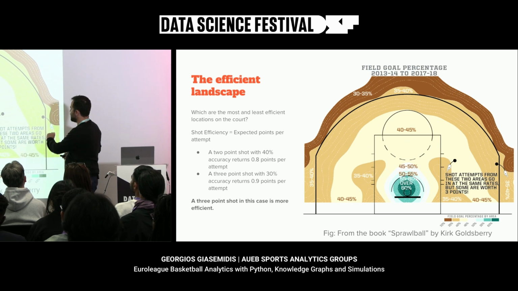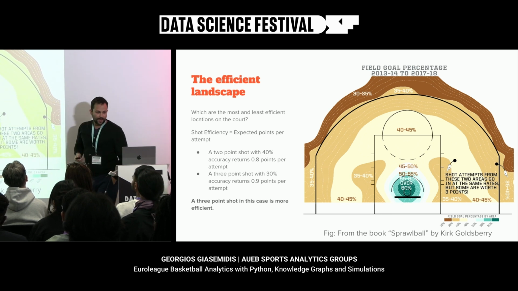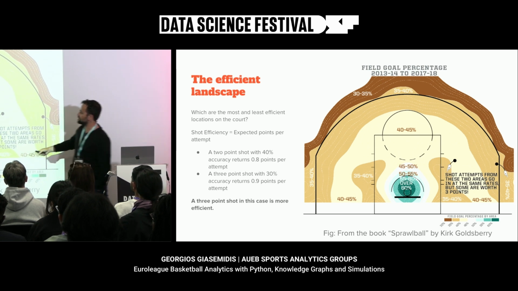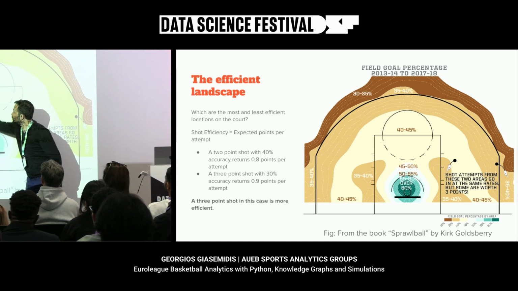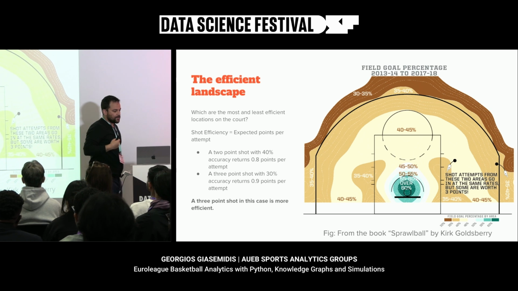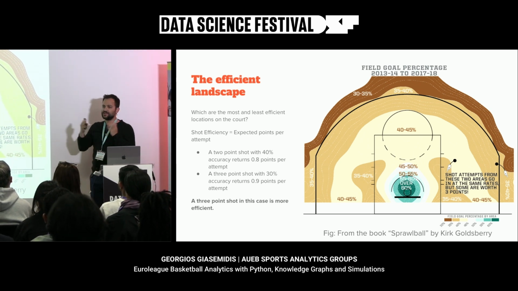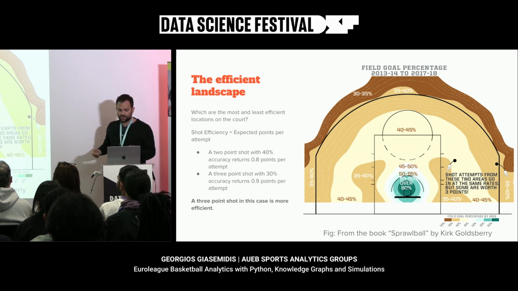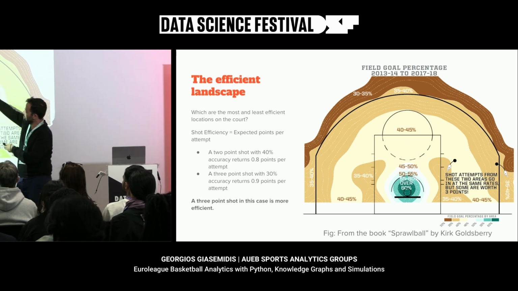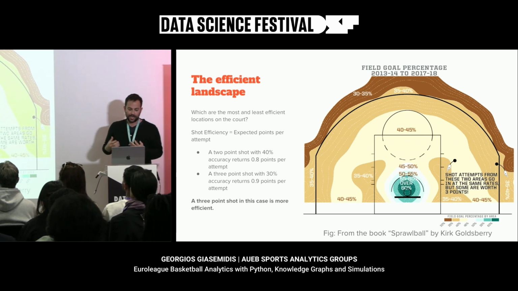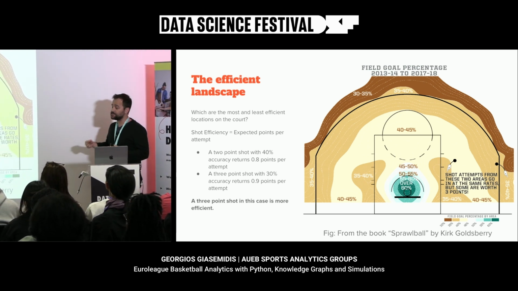And then we can play a little game. For example, a 2-point shot with 40% accuracy, let's say from around this location, we expect to return 0.8 points per attempt. That's the expected score. But if we try a 3-point shot from up there with 30% accuracy, that returns 0.9 points per attempt.